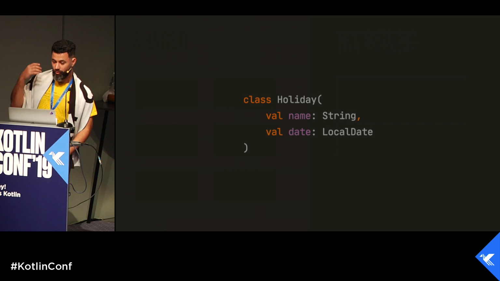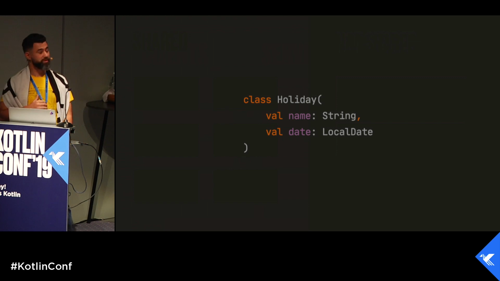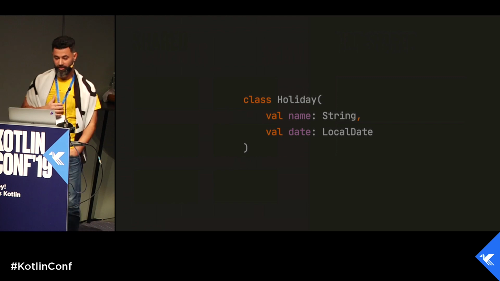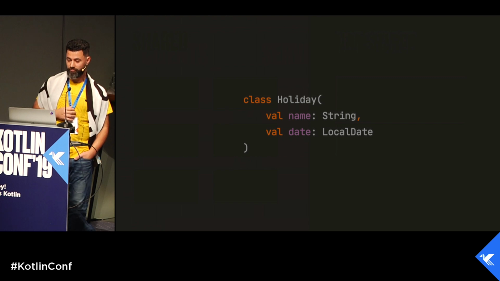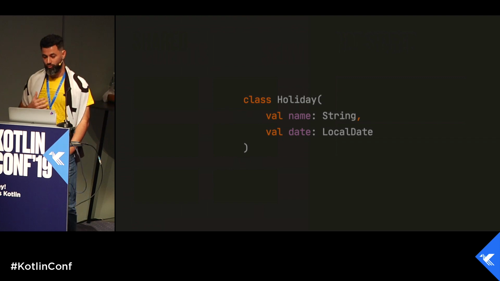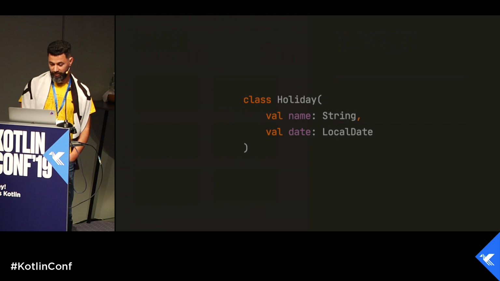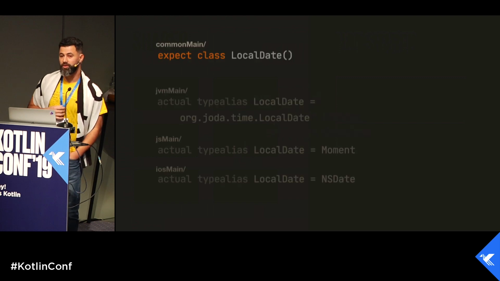So say we want to reuse this data class. It's a data class for a holiday. It has a name and it has a date. In the Kotlin standard library, there is a string type, but unfortunately, there is still no local date. So we can do something about it. We can declare it using Kotlin MPP.